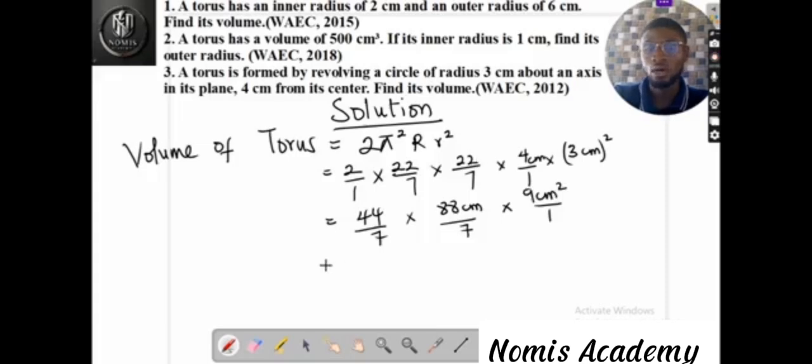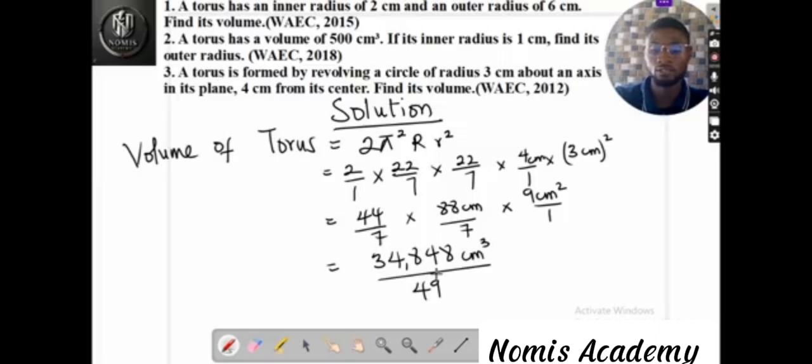So I'll be left with 44 times 88 times 9. So let's get it done. 44 times 88 times 9. So that is 34,848 centimeter multiplied by centimeter squared becomes centimeter cube divided by 49.